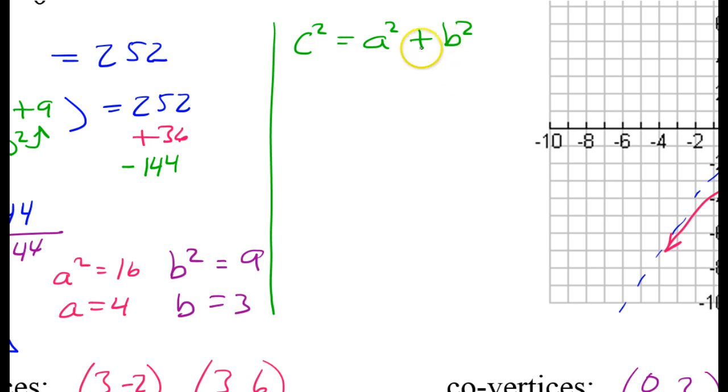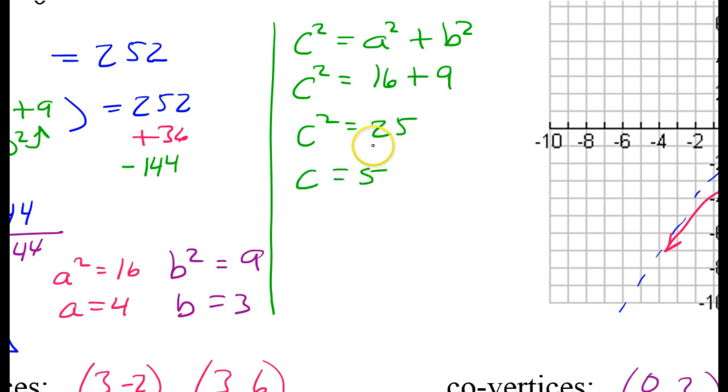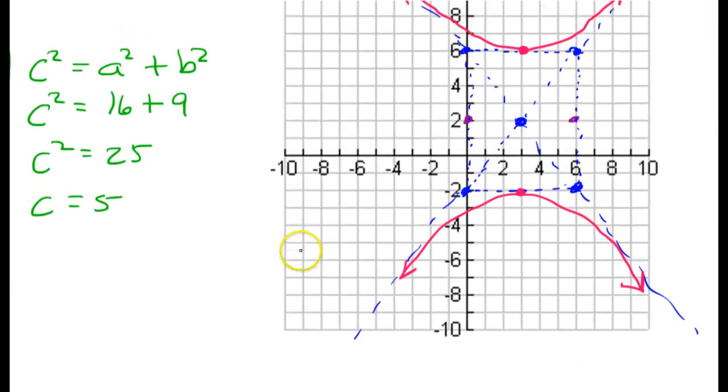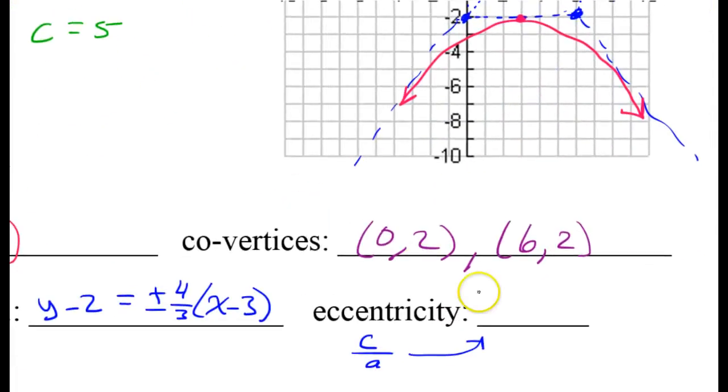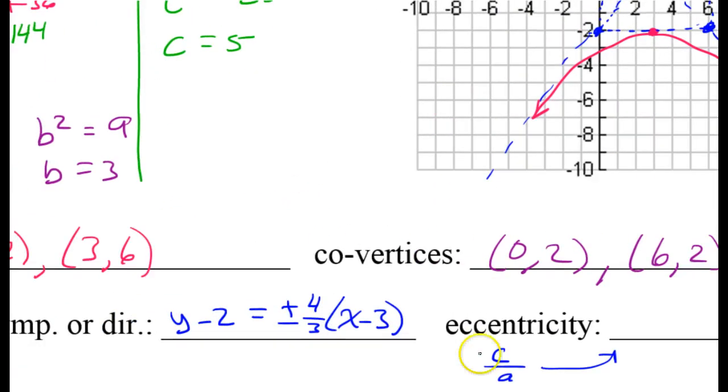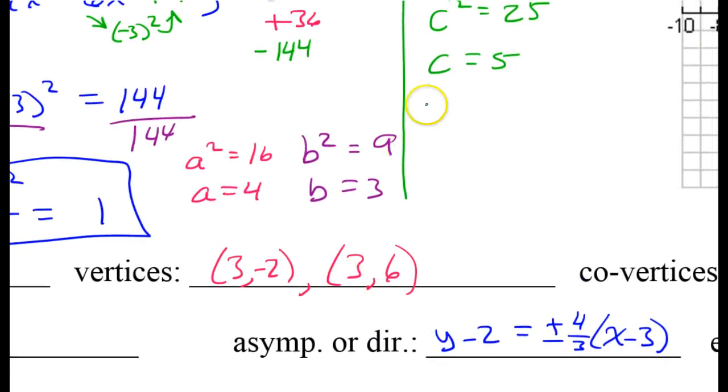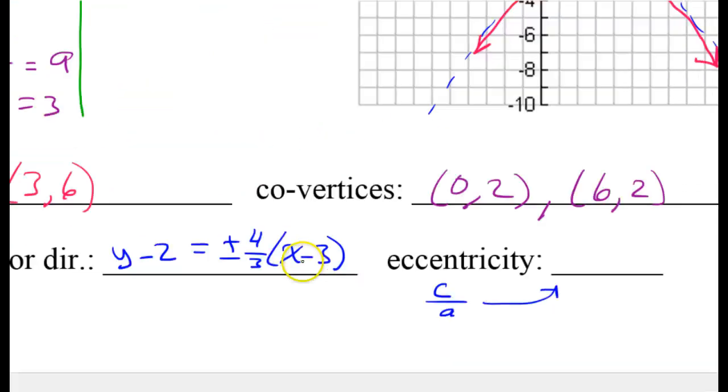For an ellipse, it's minus, but for a hyperbola, it's plus. So that means c squared is going to equal 16 plus 9. So c squared is 25. So c is 5. Okay, so I can write the eccentricity now. C over a, that's going to be 5 over 4.